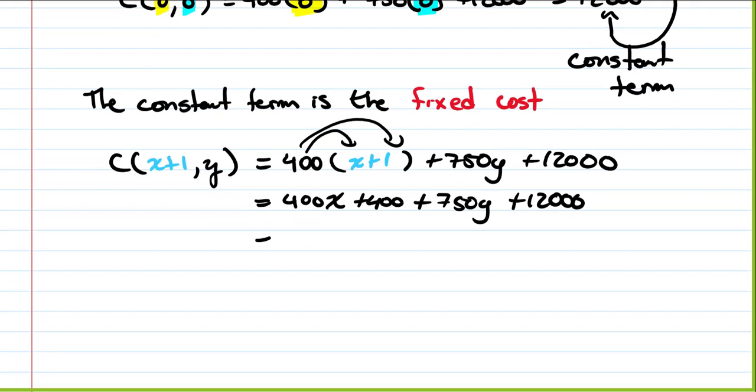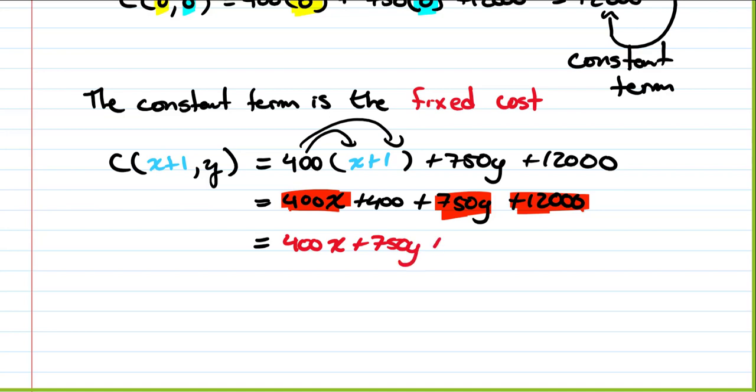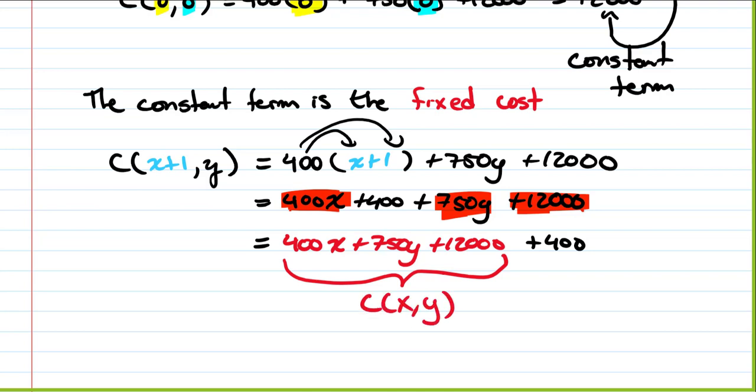So now I'm just going to rearrange a couple of terms. So if I take these guys, I have 400x plus 750y plus 12,000, and then I've got this extra plus 400. The reason I chose to do that is this part that's in red is really just the function C of x, y that we started with.